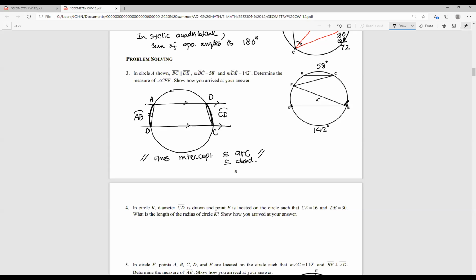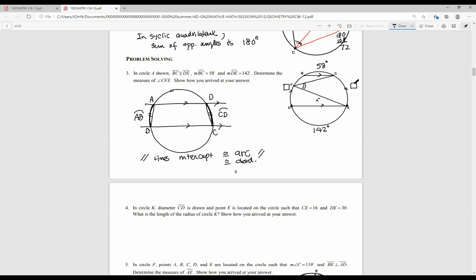Where is CFE? CFE is this angle. Right? Oh, we need this measurable arc because they are equal, right? Because they are parallel, isn't it? So this angle, the other angle should be equal. So all around the circle is 360, isn't it?